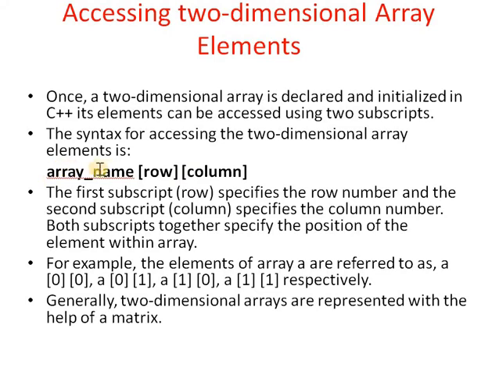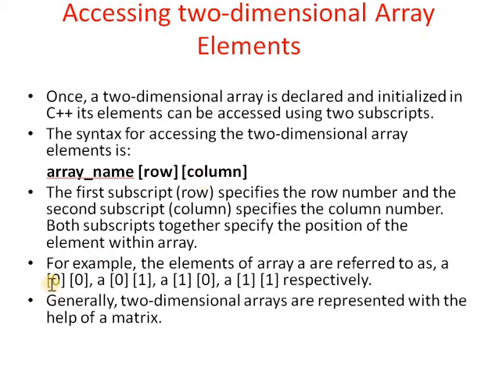For example, here is a syntax. For accessing the two-dimensional array elements, we want to specify the array name. Then we want to specify the first index, the first subscript value, of the row. After that we want to specify the second subscript value, or second index value, for the column.